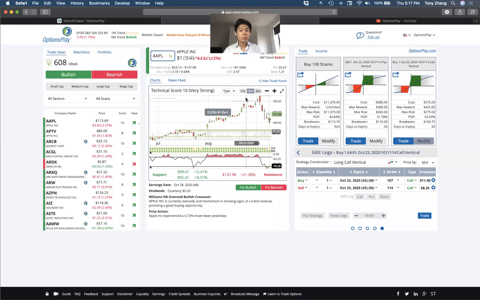Victor, please discuss assignment risk if the stock moves quickly and the short leg goes in the money. So, your assignment risk on a debit spread is really low. Let me go back to the regular spread here. You're saying that if the stock shoots up through that 124 strike, what is your risk of assignment? If you're not holding it in the last week of expiration, your assignment risk is virtually zero, because there's no economic reason for anyone to exercise a call early.